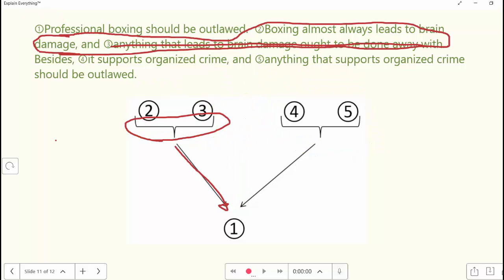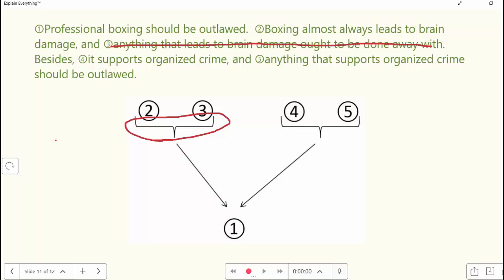And then we can see as we move to the next portion of the argument, where it says, besides it, namely professional boxing, supports organized crime, and anything that supports organized crime should be outlawed. Well, that's the very same kind of reasoning that we just got in 2 and 3, right? It's just different content, but it's the same pattern of reasoning.